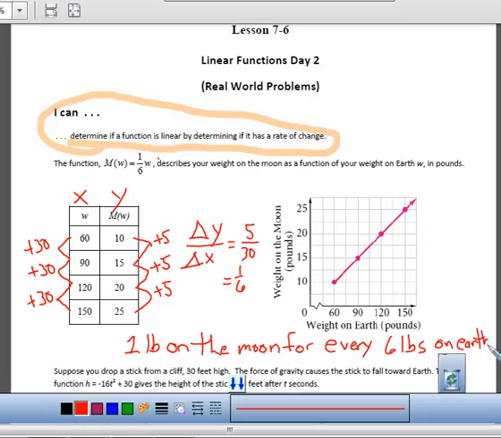So if you have something that is 2 pounds on the moon, it would actually be 12 pounds on the Earth. If you have something that's 10 pounds on the moon, well, 10 times 6, that's 60 pounds on Earth.